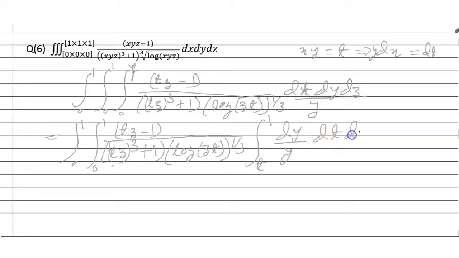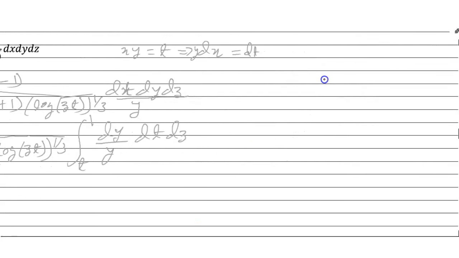Into dt into dz. So friends, this is the main problem, that if we will draw the line and we will see that 0 to x means this is the 0 to x, this is the y equals to x, and it is y equals to 0 to x, and when it is going to this way, that x is equal to y, and the point is cutting these positions, so it is y to 1, and this equation is x equals to 1, this is x equals to 0, this straight line is y equals to 0.